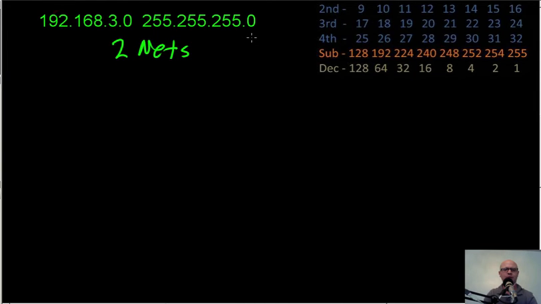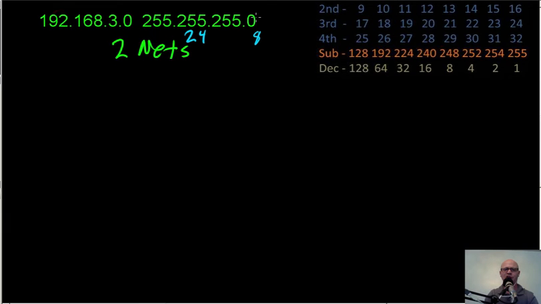So what do I mean by that? Right now we have 24 ones followed by 8 zeros here. To split this network in two, we have to change our subnet mask, and we have to borrow bits from this host portion.